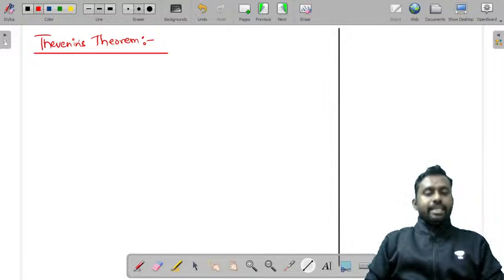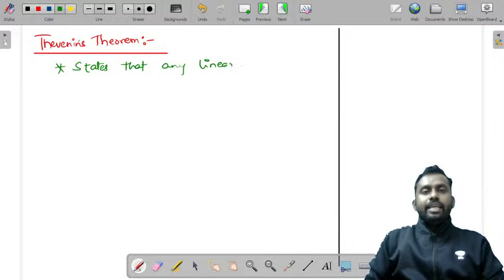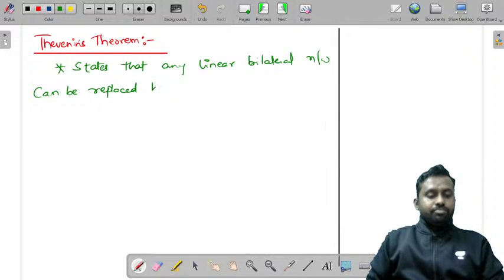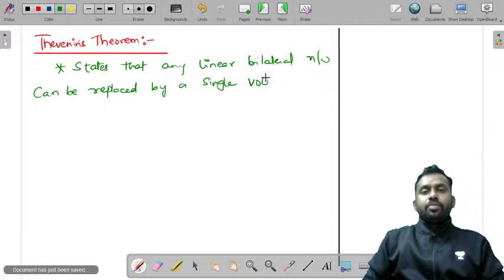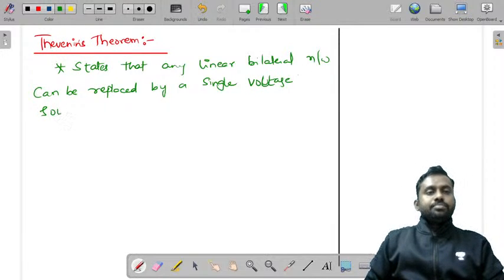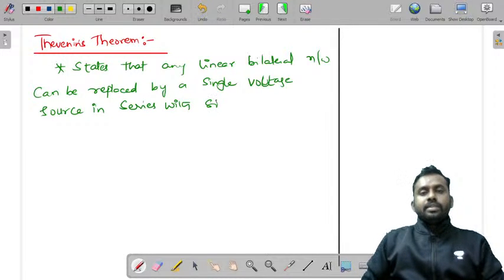Thevenin's theorem. What does it state? Thevenin's theorem states that any linear bilateral network can be replaced by a single voltage source in series with a single resistance.